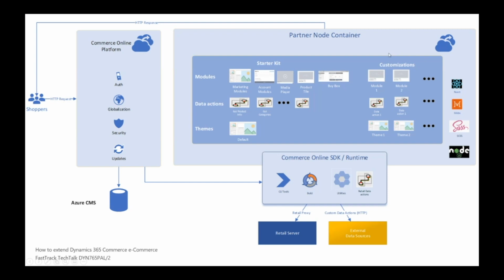And then finally, on the right-hand side, you'll have the customizations, where you see module 1, 2. Any modules that you create, any data actions and themes, all of this will get packaged up when you run the command called pack, which I'll show a little later on as well. It's then uploaded as an extension to eCommerce through our tools, and I'll show that too.